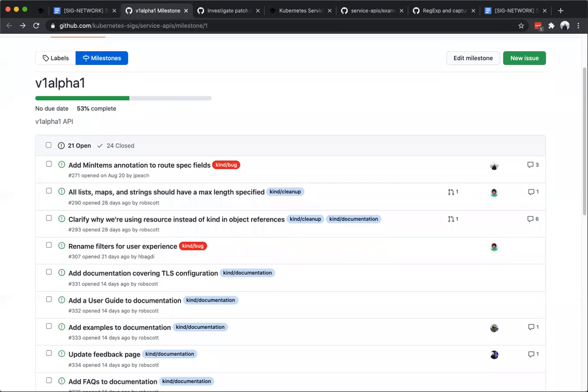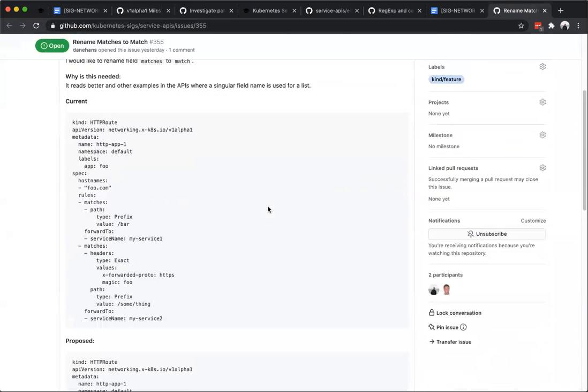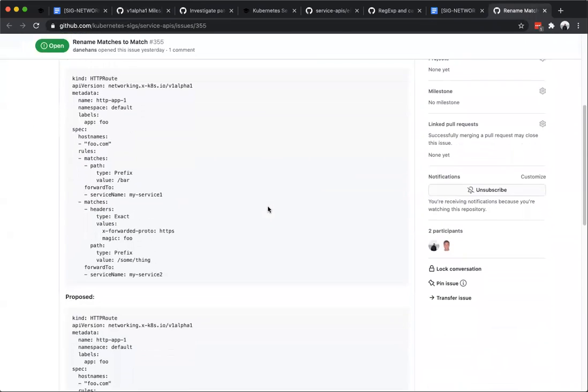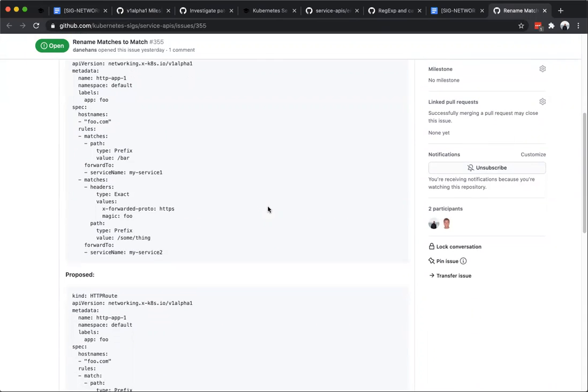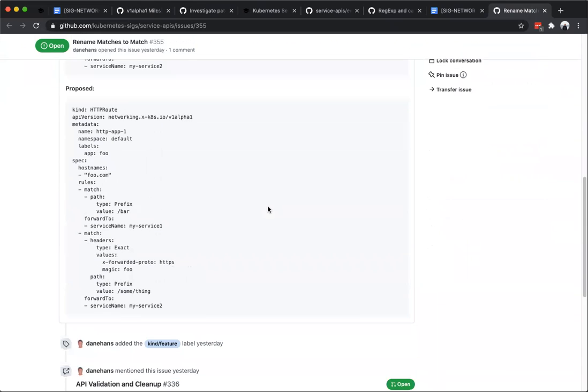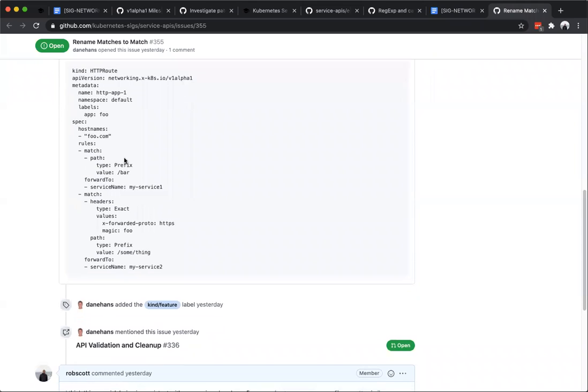Hey Rob, can you click on the chat window? Even though it's not V1 Alpha 1, I just wanted to take a quick poll of what people think about renaming matches to match. Looking through the examples, I think it was in your APIs cleanup PR, or the flattening the host name, as I read through the spec, it just seems like it reads better this way, even though match would still be a plural.